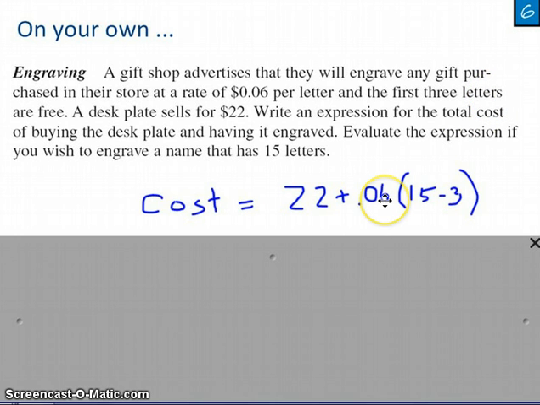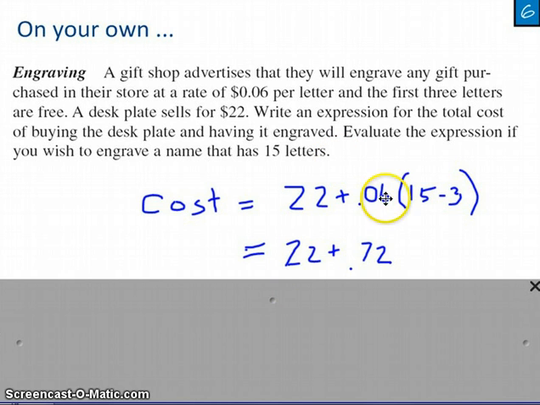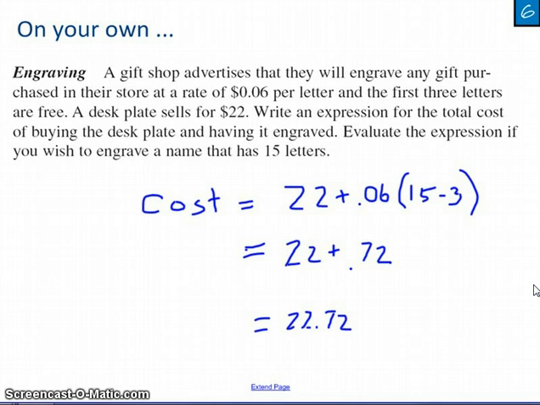So I've got 6 cents times 12 letters, right? I was asking for 15, but I only had to pay for 12 of those 15. So 15 minus 3, of course, is 12, and 12 times 6 cents is 72 cents. 72 cents plus the cost of the plate itself, $22, of course, is $22.72.